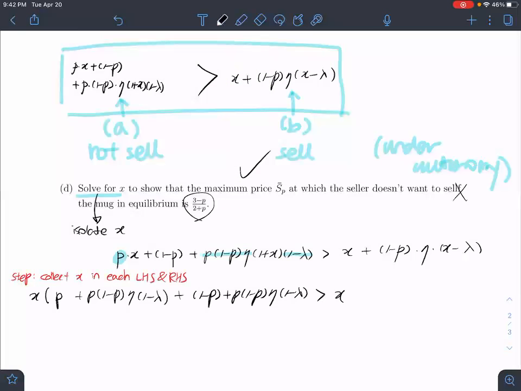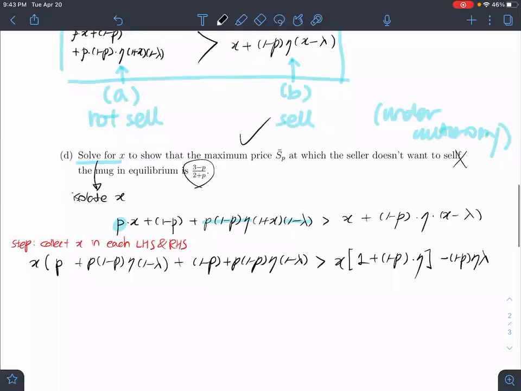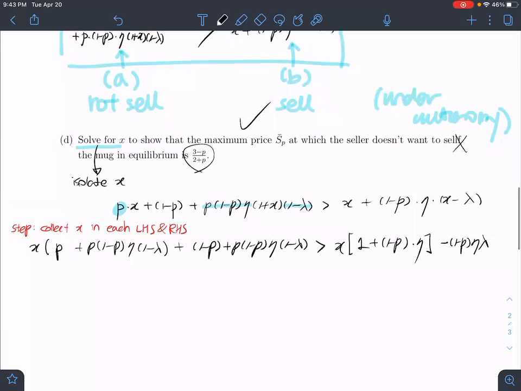So we have 1x here, and then we have plus (1 minus p) eta minus (1 minus p) eta lambda. Okay, so we are separating x and the remaining terms. Any questions? Oh, I forgot to close brackets here.